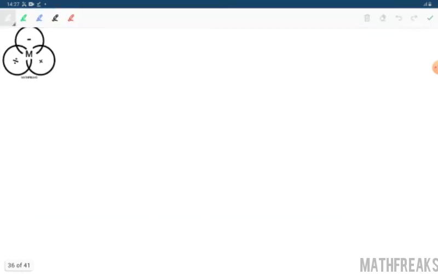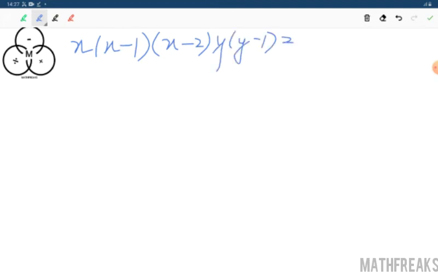Now x(x-1)(x-2) times y(y-1) equals 2 to the power 4 into 3 into 5 squared, and so on.